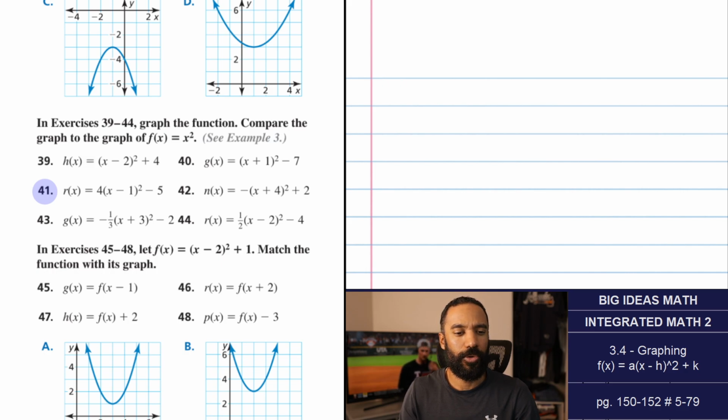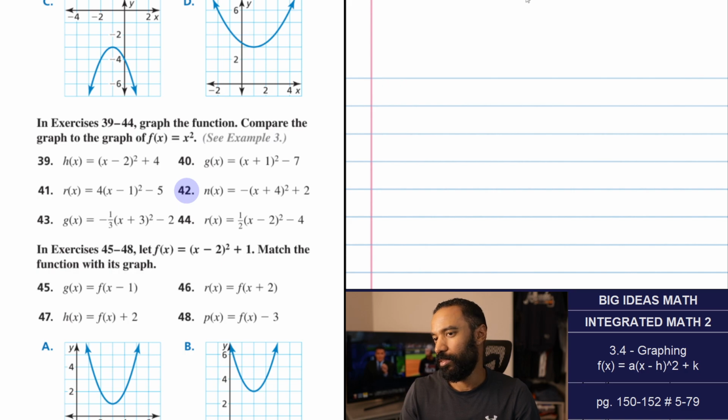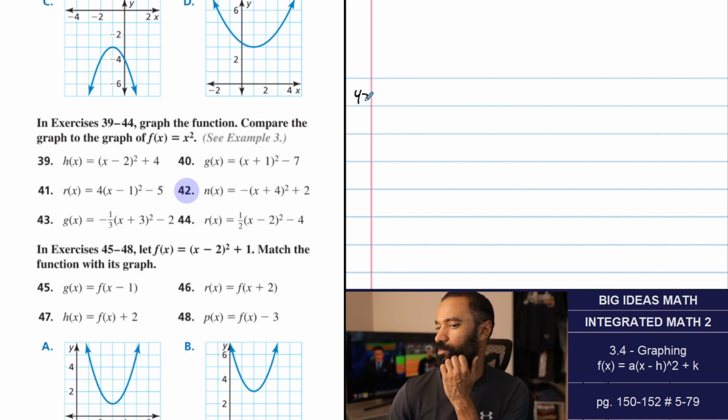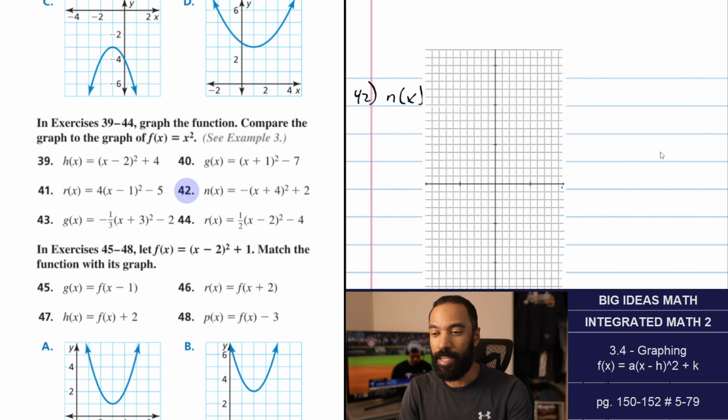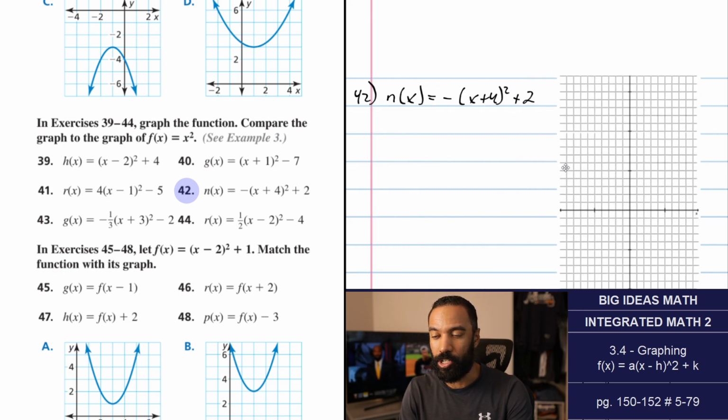All right, number 42, h of x equals negative x plus 4 quantity squared plus 2. Okay, so this graph goes upside down because of the negative. It is just a negative 1 though, so there's no stretch or compression with it.